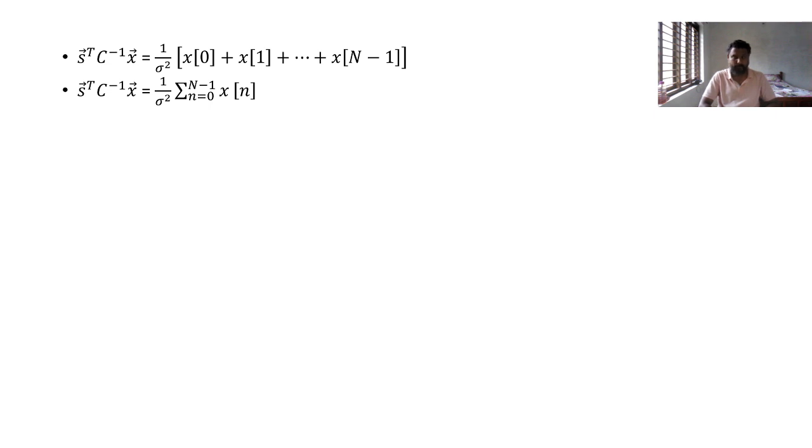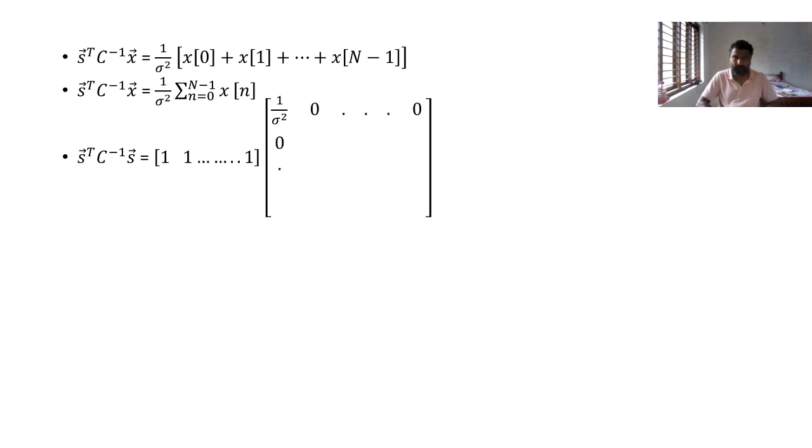Now you have to calculate S transpose C inverse S, along with S transpose C inverse x. Already S transpose is 1 1 1 1, etc., and C inverse we already know, 1 by sigma square on the diagonal and 0 elsewhere.